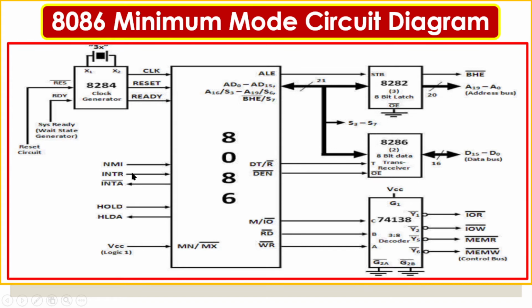These two are where the external devices are connected as interrupts. Then we have a signal called interrupt acknowledge. The processor will acknowledge whenever a device makes an interrupt. If that interrupt is accepted by the processor, it will acknowledge through the pin INTA. That's what is in this minimum mode configuration.